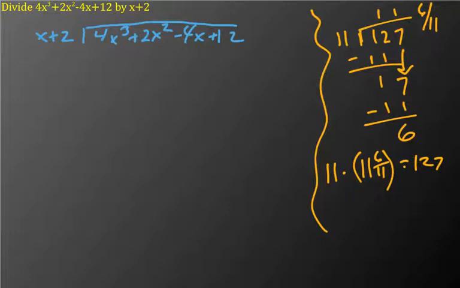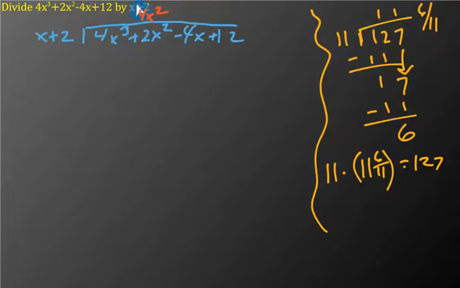I'm also just kind of OCD, so I'm going to line things up. I want 4x squared up there above my x squared. So when I do this out, you're going to see x squareds lined up, x cubes, x's, and then the number. Just like we did over here, the next step was to multiply.